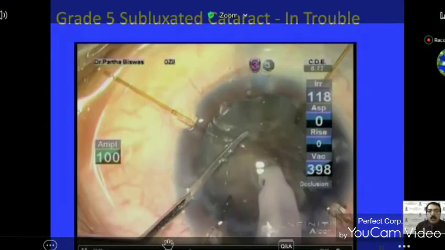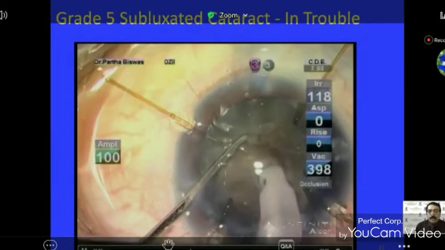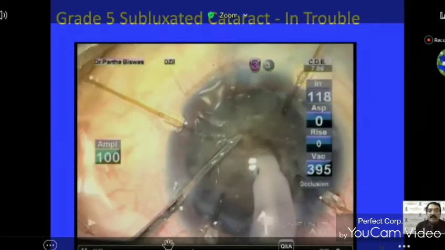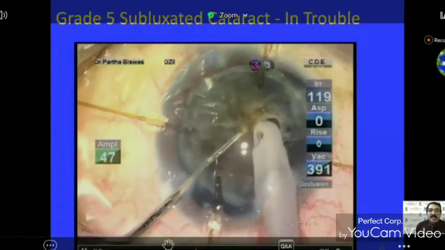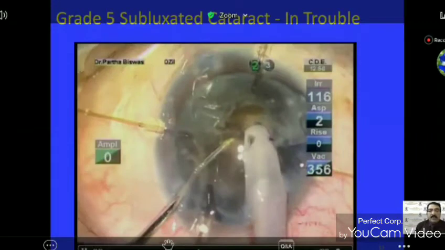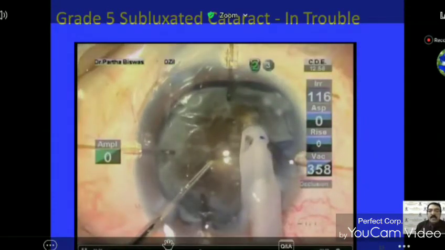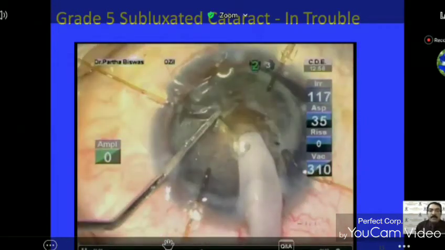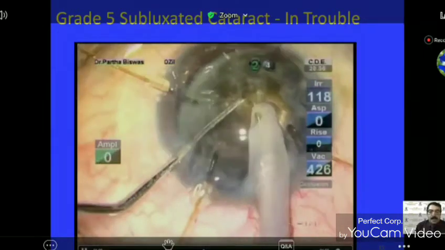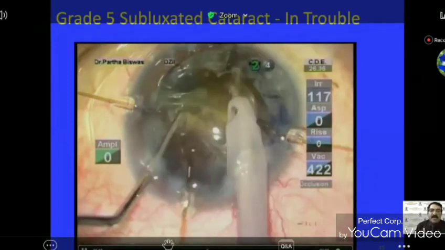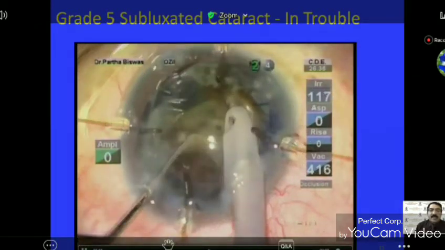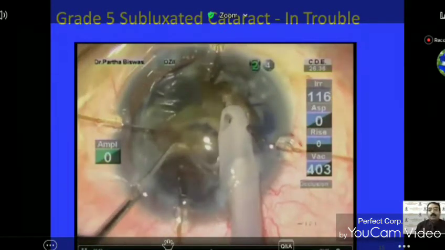And now this grade 5 nucleus has to be managed. We try a straight direct trephine. As you can see, it has to be a multi-component dissection so that we can go depth by depth and fiber by fiber. You can see that it is clearing up, it's cracking from the periphery, and the crack to the center is the most difficult part.